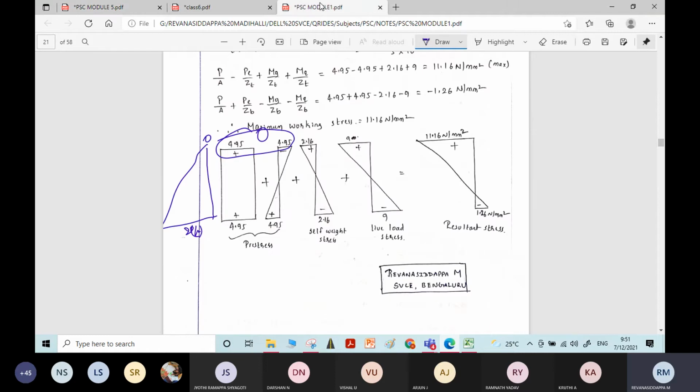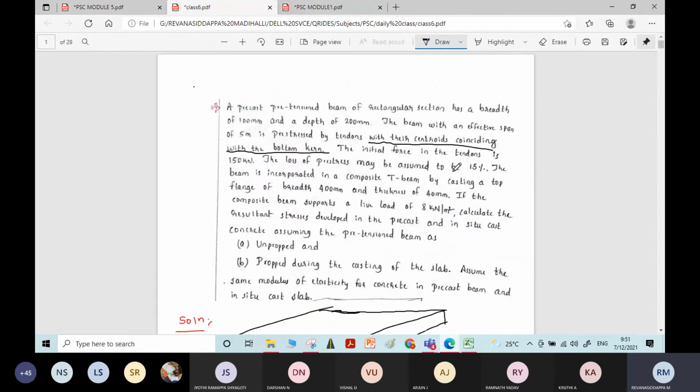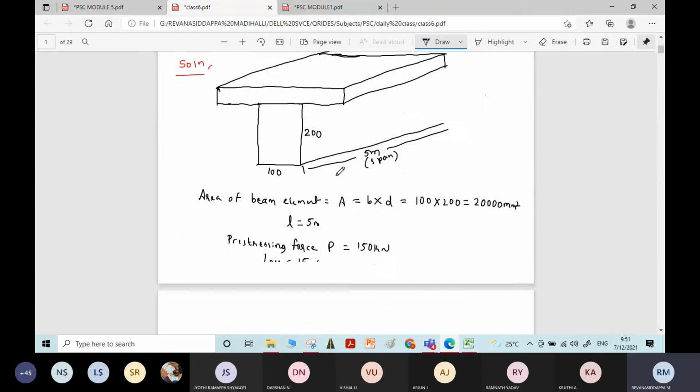Now for our problem, he said that the centroid is coinciding with the bottom kern.